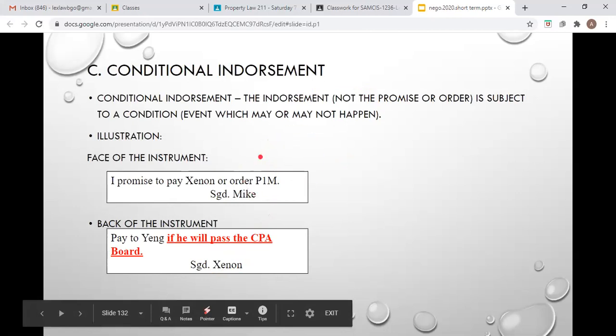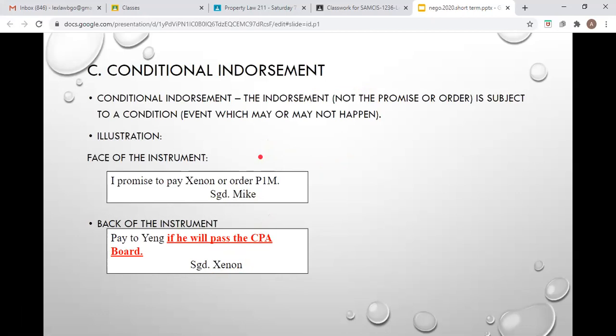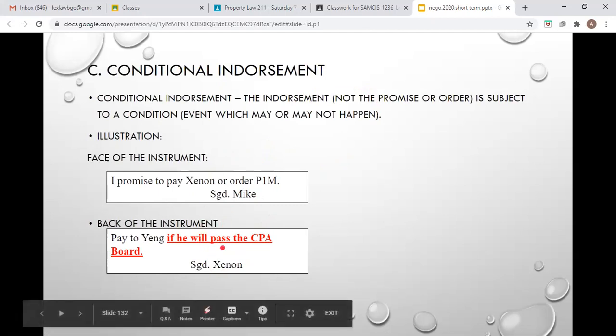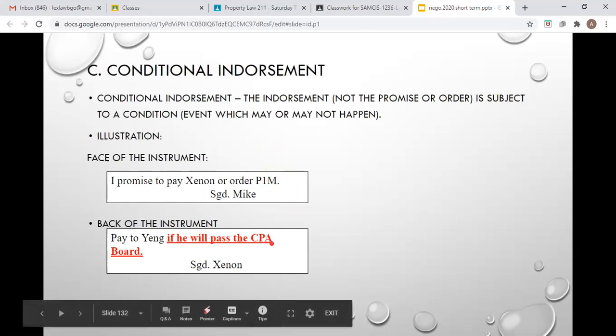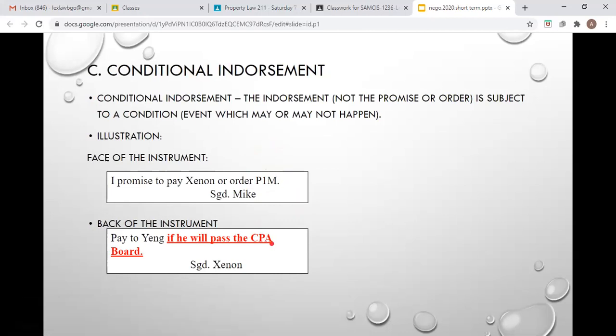million. Or another scenario would be, instead of waiting for the happening of that condition, pwede mong gawin is, hindi mo na lang hintayin na mangyari yung condition. Rather, you will deliver right away the 1 million without even waiting for the fulfillment of that condition, without even waiting for Yang to pass the CPA board.